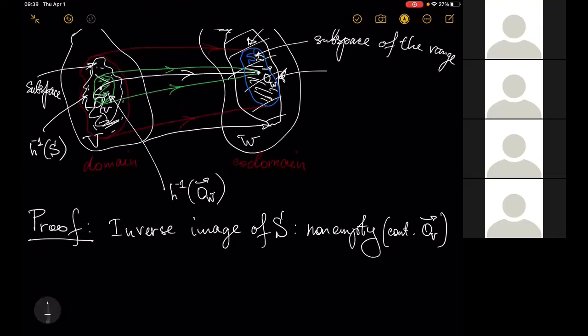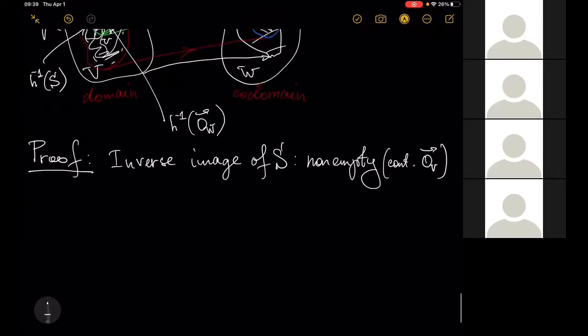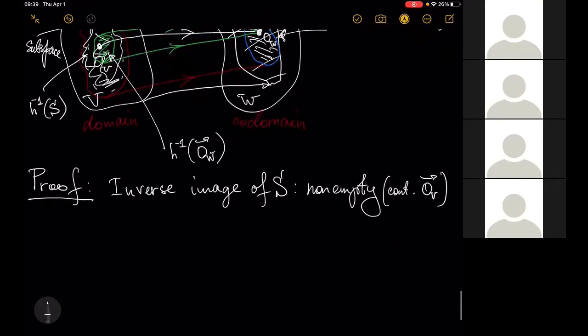Because we know that every subspace contains a 0 element, so there is a 0 here, and we know that the 0 element maps into the 0 element by the homomorphism. So it means that the 0 element belongs to this inverse image, right? So it's non-empty, which is already good.